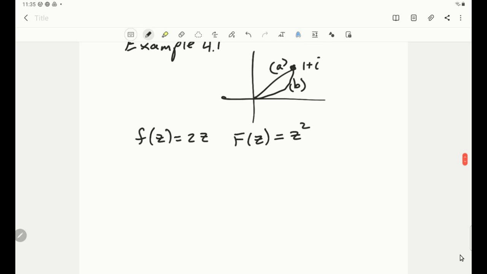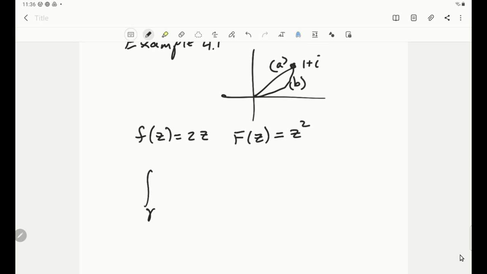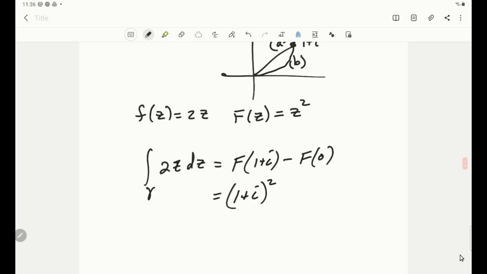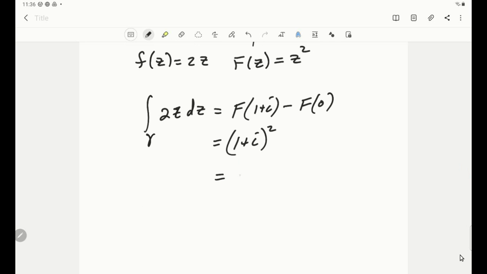And so according to this, if I want to do the path integral over gamma of 2z dz, and I want to go from 0 to 1 plus i, then I should get F of 1 plus i minus F at 0, and well, that's 1 plus i squared minus 0, and that is 1 plus 2i minus 1, so we get 2i.